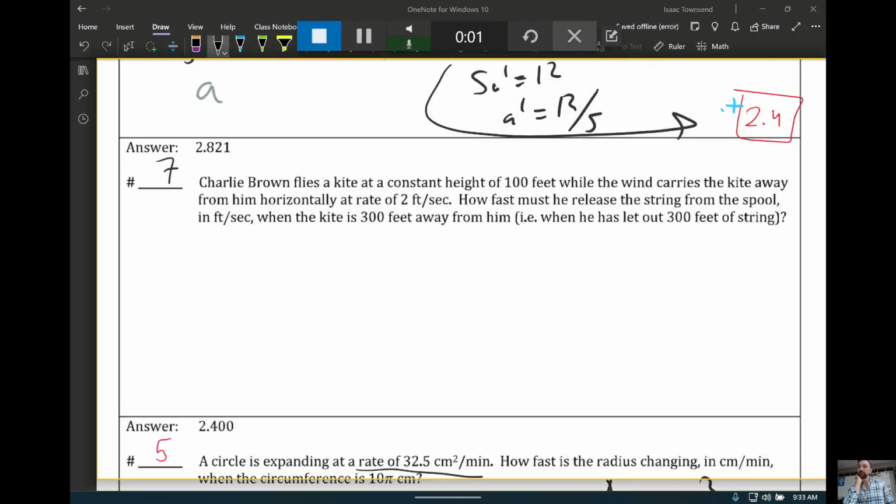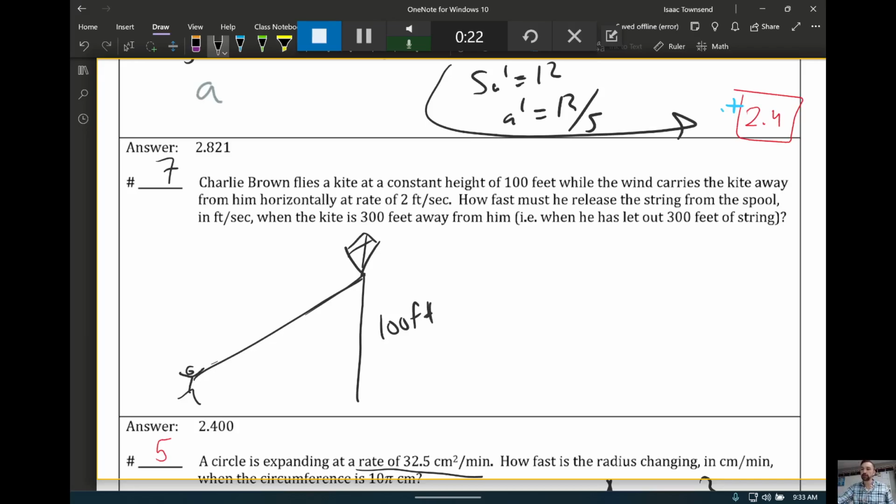Alright, Charlie Brown flies a kite at a constant height. And it's 100 feet up.